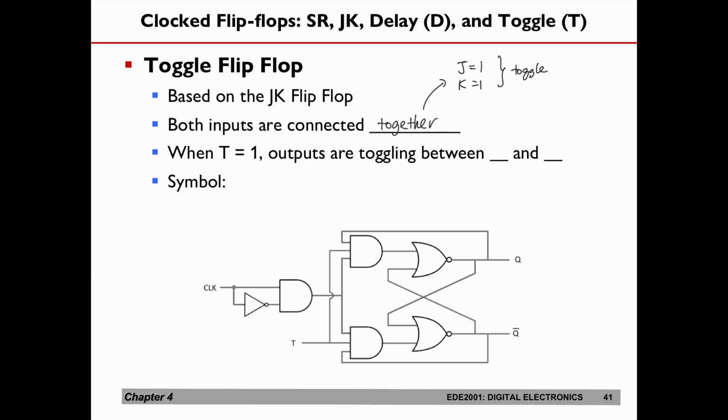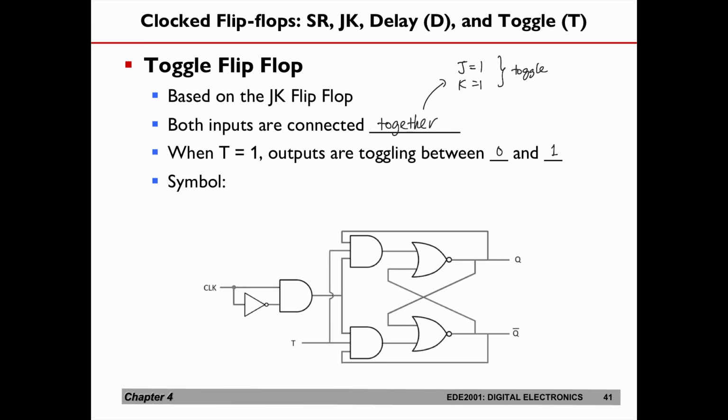So when T equals 1, the outputs are toggling between 0 and 1 continuously. The difference between the JK flip-flop and the T flip-flop is that instead of having a J and a K here, we have combined the two inputs into just a T input. So what this flip-flop does is, when T equals 1, it will just keep toggling the output.